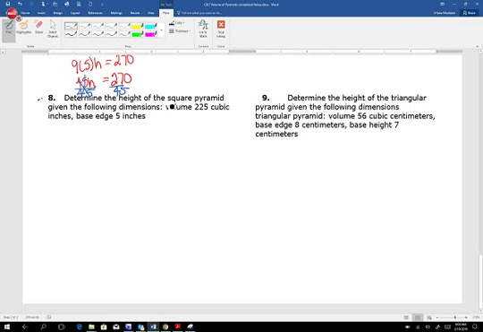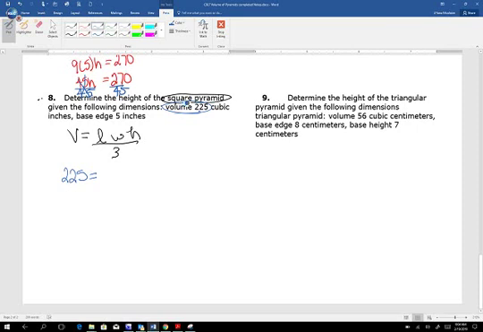Checking out number 8. Determine the height of the square pyramid given the following dimensions. So again, it's a square pyramid, which is the same thing as a rectangular pyramid. Therefore, volume equals the length times the width times the height divided by 3. They give us the volume of 225, so I'm going to put that here.